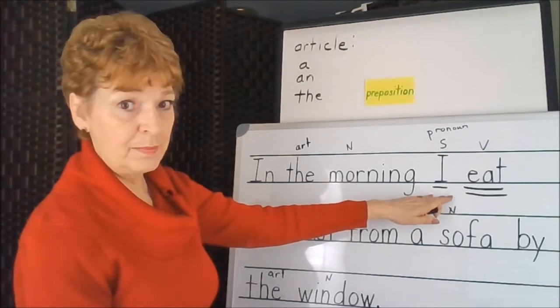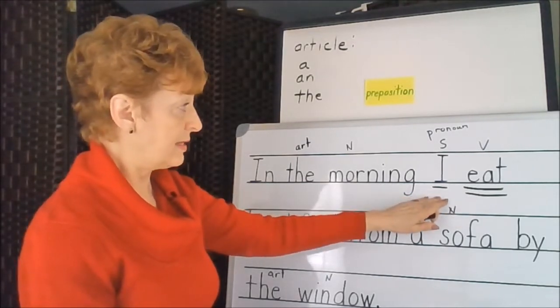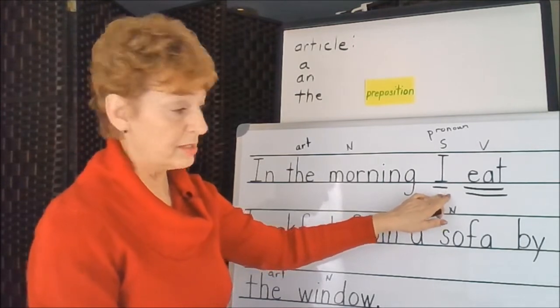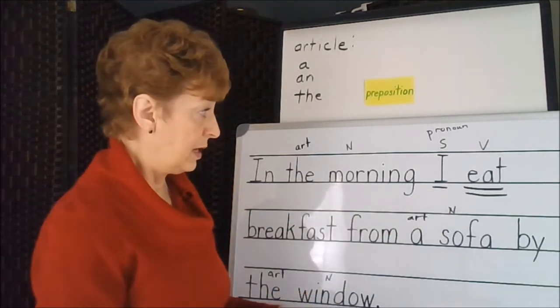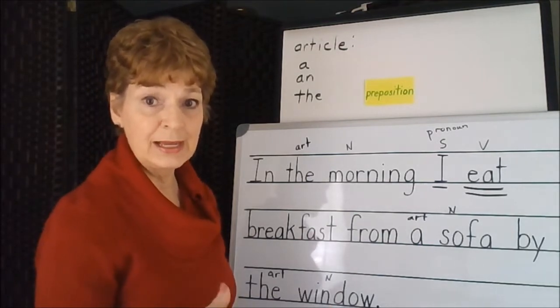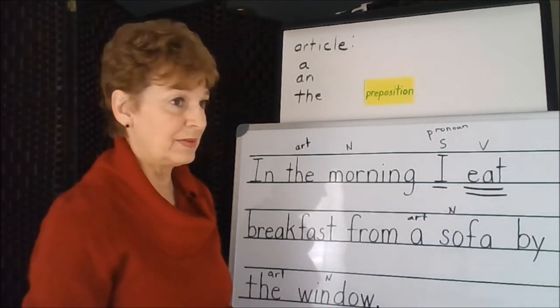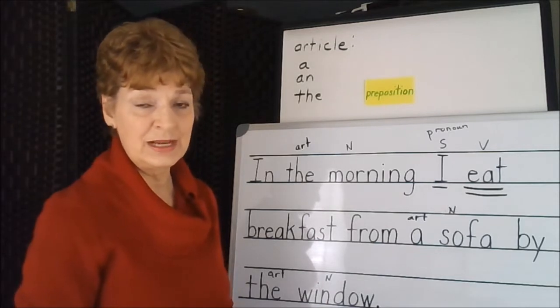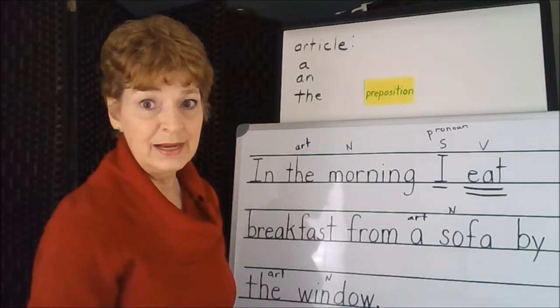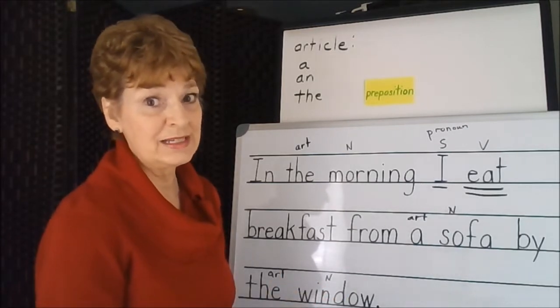We've already had our subject and verb identified, so these words are out of the running for being prepositions. We've already identified them. Once you call a word by a part of speech, you can't name it again. It would be sort of like saying if you identify something as a tree, you can't then call it a carrot. It's already been identified.